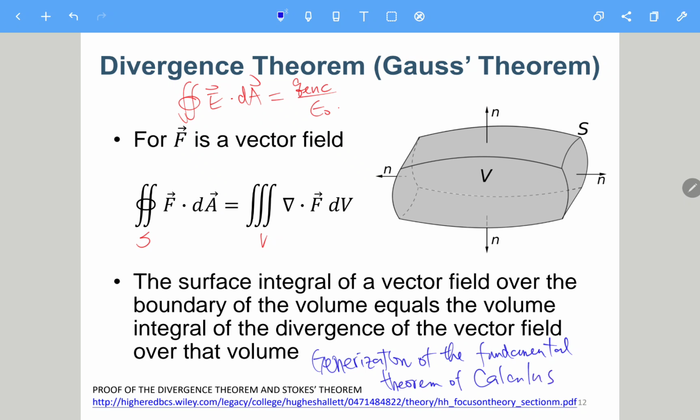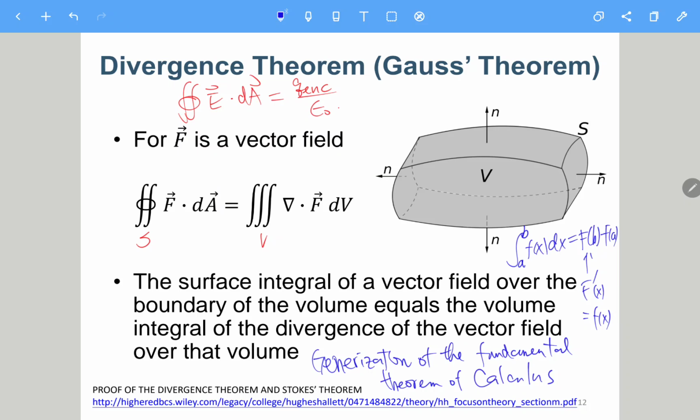So when you learn calculus, the fundamental theorem says that if you have f of x dx integrated from a to b, it should be equal to F(b) minus F(a), where F is the antiderivative of the small f. So F prime of x equals f of x. So F is the antiderivative.